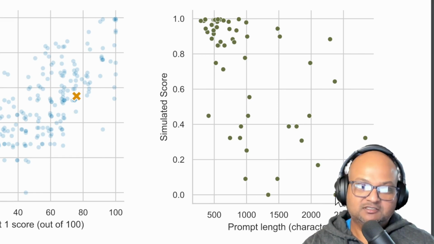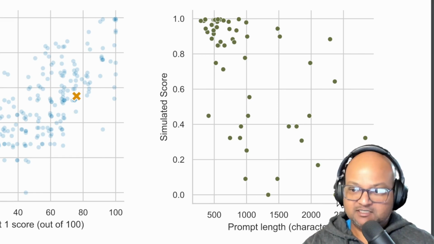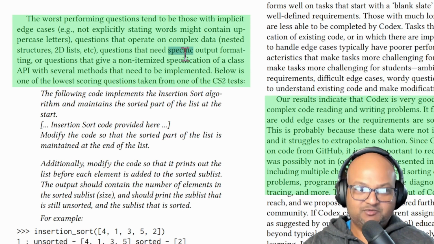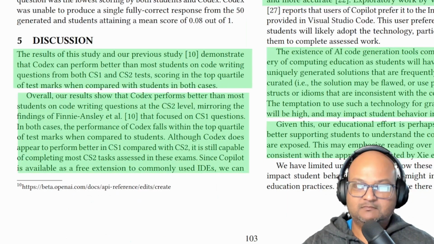Also, the authors note that the longer, more challenging questions had pieces of code in the question itself, and the question asked to either add to that code or modify that code in some way. Not surprisingly, the questions where Copilot performed poorly had a lot of edge cases, needed to operate on complex data, or asked for specific output formats. So it still had some trouble with the more challenging questions.